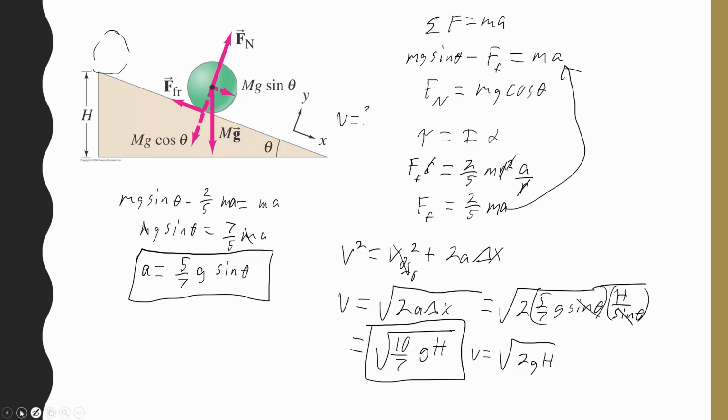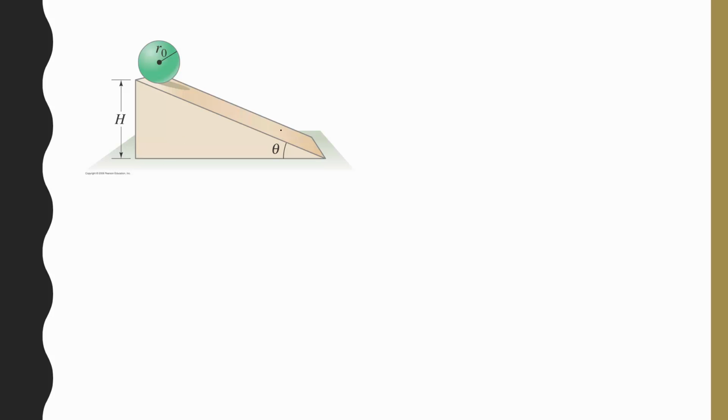We can do this same calculation, finding the speed at the bottom of the ramp of a ball rolling down here, with conservation of energy, and it works out a bit easier that way actually. So we've got our initial energy and our final energy being equal to each other. On this end, we've got gravitational energy. Our final energy is our regular kinetic energy plus our rotational kinetic energy. So we can start plugging things in here.